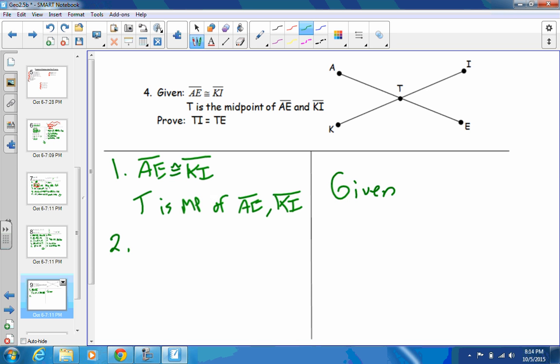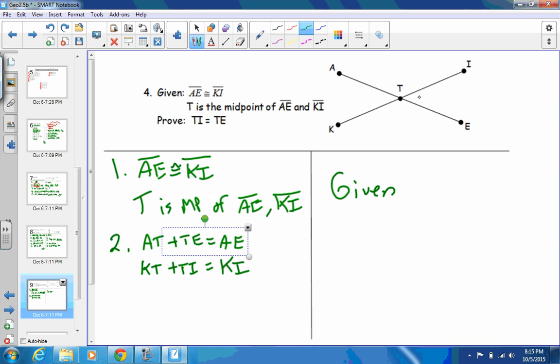All right, so, well, what do we know? We can talk about what we just came up with before. We're talking about segment addition postulates. We could say that AT plus TE will equal AE, and that KT plus TI will equal KI.